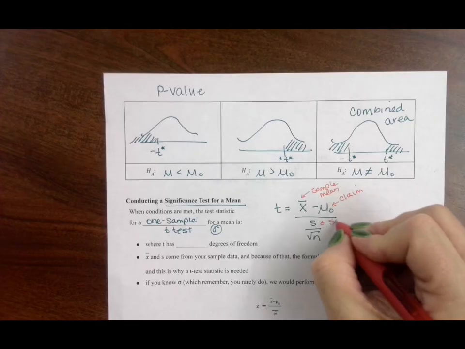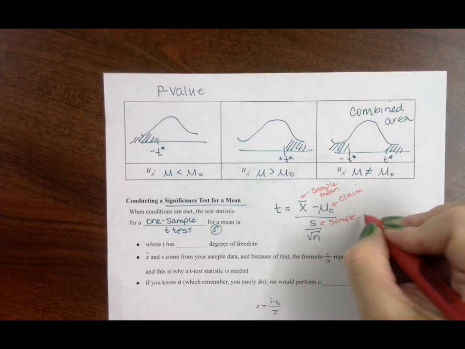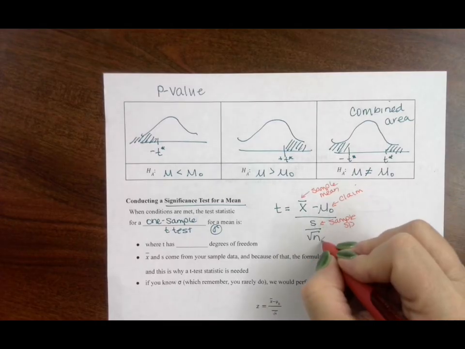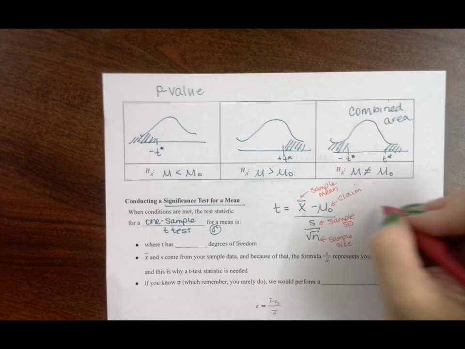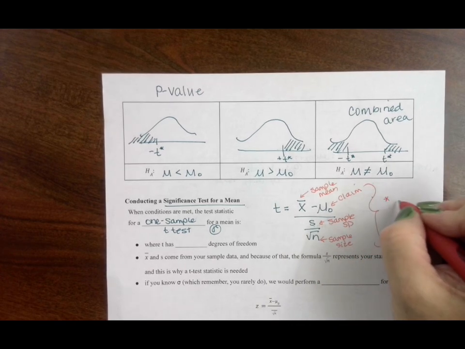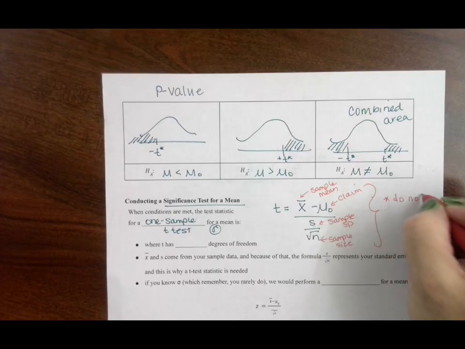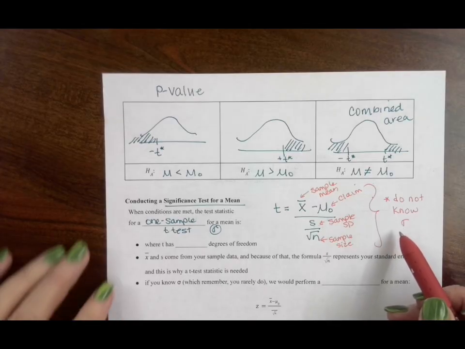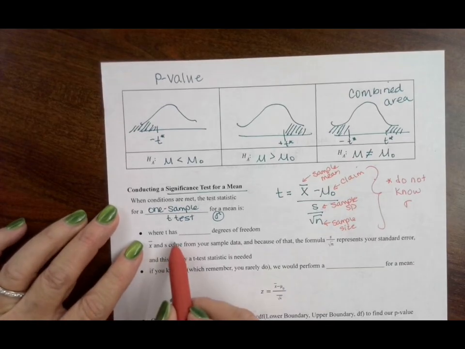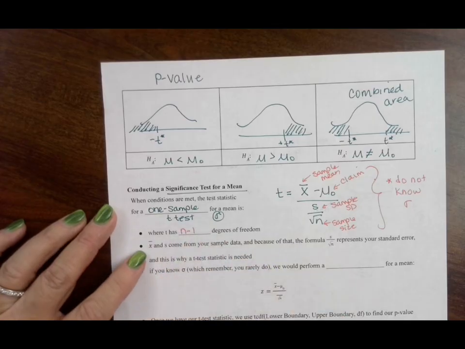This is my sample standard deviation, and this is my sample size. And we use this formula only if we do not know our population standard deviation. Okay, so t here has n minus 1 degrees of freedom.